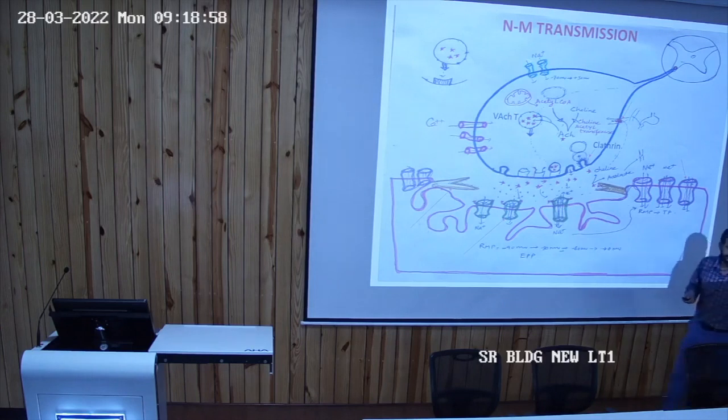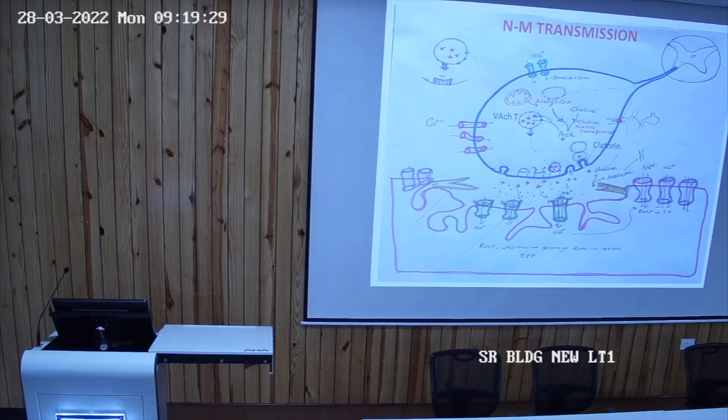How does it occur? Because there are proteins on them which are very sensitive to the presence of calcium. There is a specific, very special protein all over the vesicular membrane area, a calcium sensitive protein.